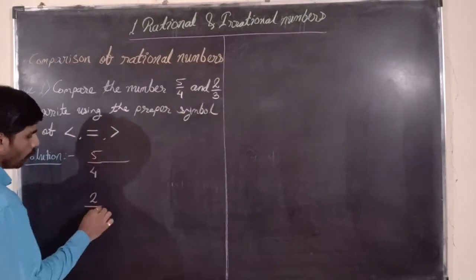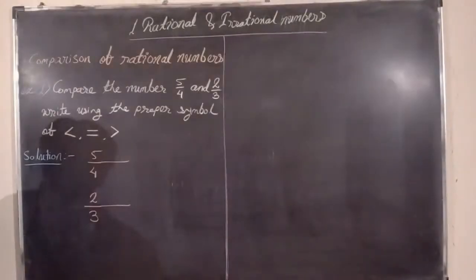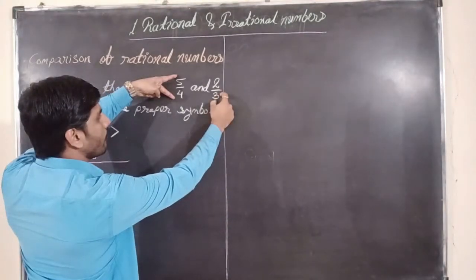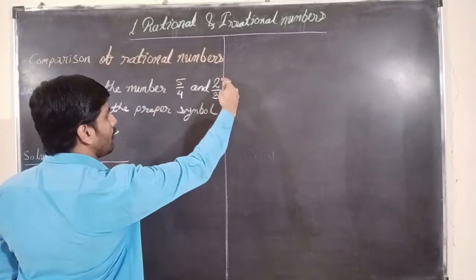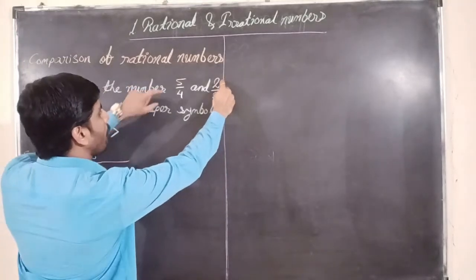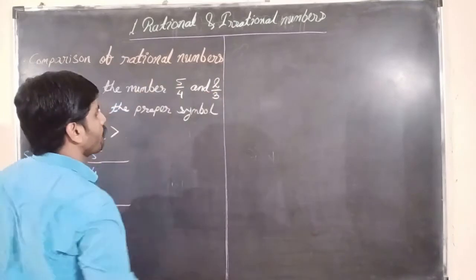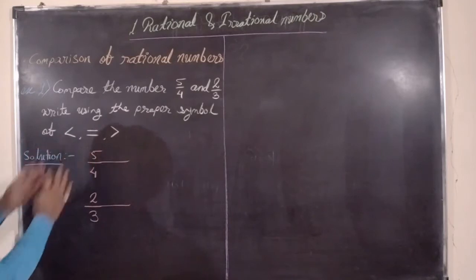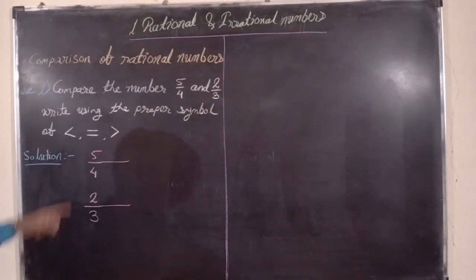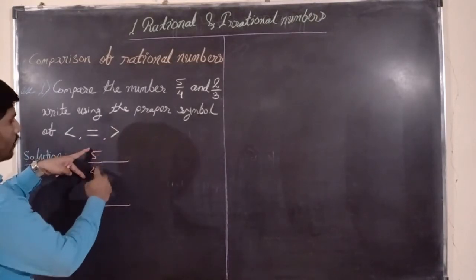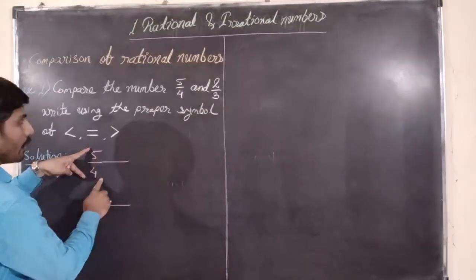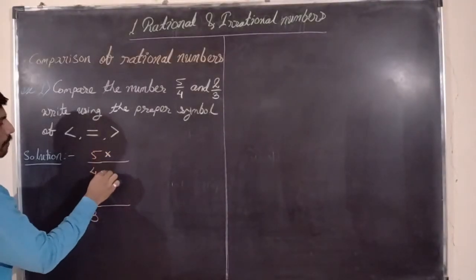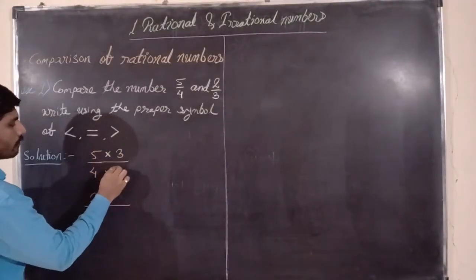So what we will do now is multiply the first number by the denominator of the second number, and then multiply the second number by the denominator of the first number. We can multiply and divide by the same number, so the value of the number will not change. First we will multiply and divide numerator and denominator of the first number by 3.